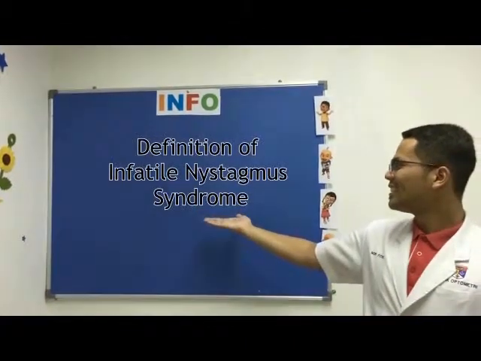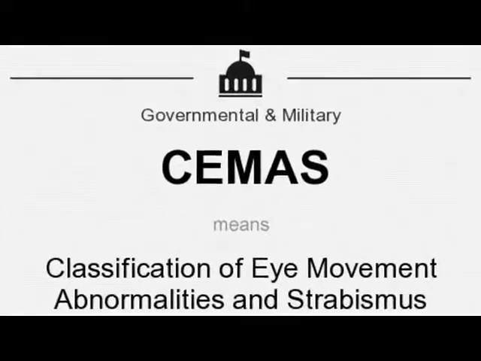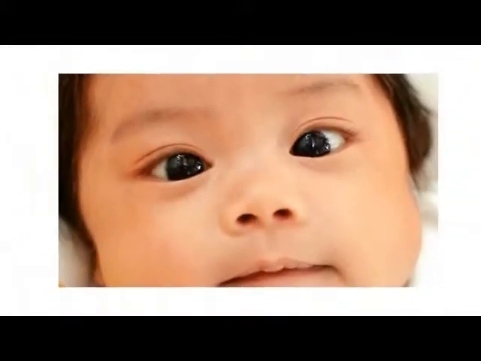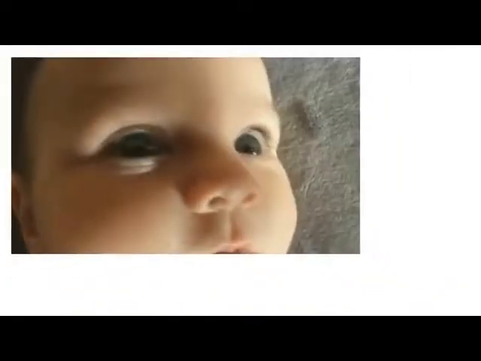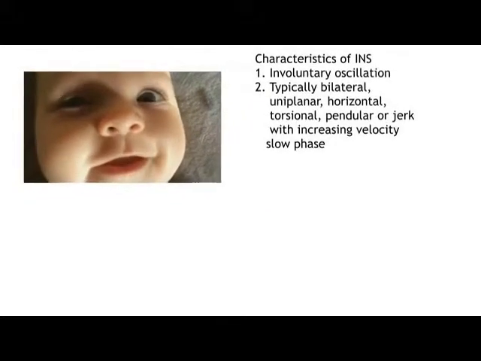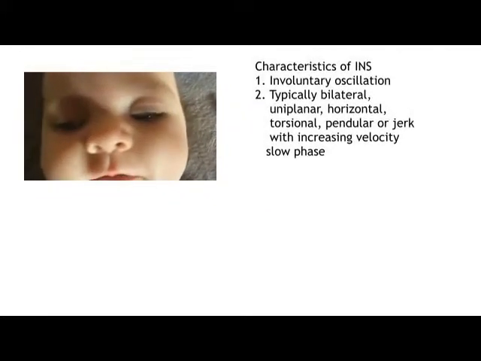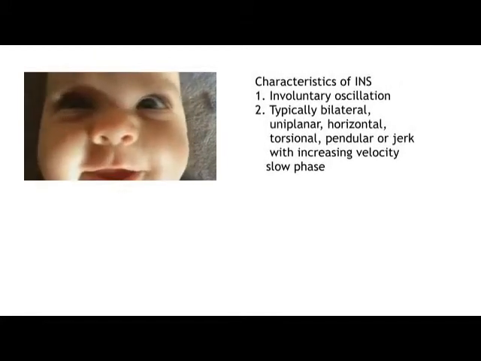The definition for infantile nystagmus syndrome is: based on a classification of eye movement abnormalities and strabismus, infantile nystagmus syndrome, which was previously called congenital nystagmus and motor and sensory nystagmus, is an infantile onset oculomotor disorder characterized by involuntary oscillations that are typically bilateral, uniplanar, horizontal, torsional, pendular, or jerk with increasing velocity slow phase.